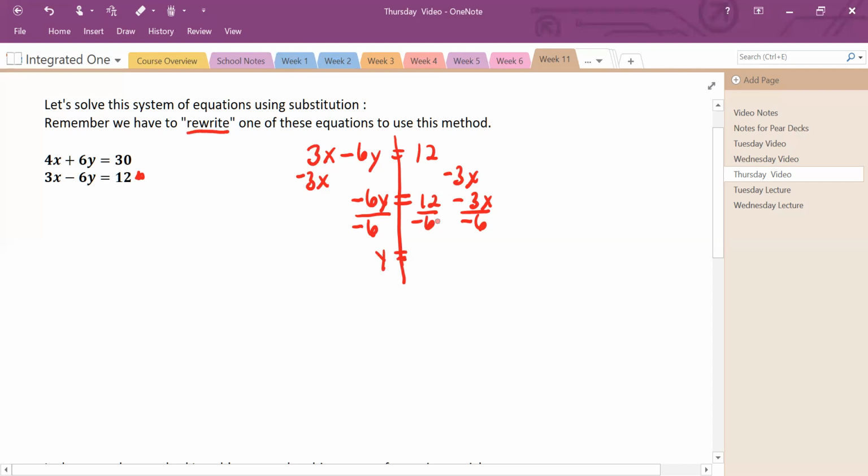Then I want to divide 12 by negative 6, so that's going to be negative 2. And plus 3 divided by 6, that's a 1/2 x. So that was for this equation. So now I'm going to rewrite it, and it's going to be y equals negative 2 plus 1/2 x.